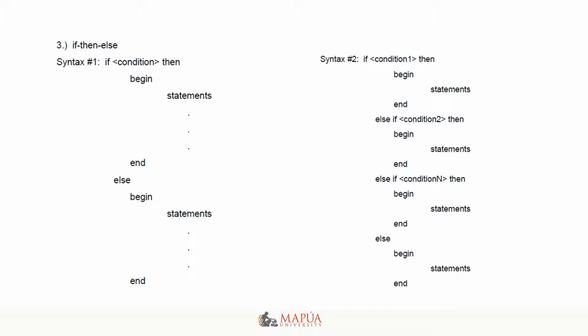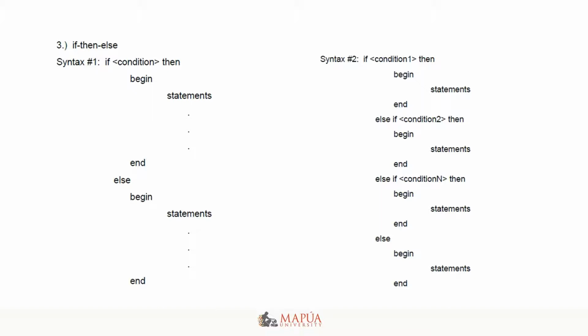For syntax number two, if you have multiple options, you may use this kind of syntax. If condition number one is true, then the first statement should be executed, then the rest of the conditions will be omitted. But if condition number one is false, it will proceed and jump to the second condition and test the second condition.